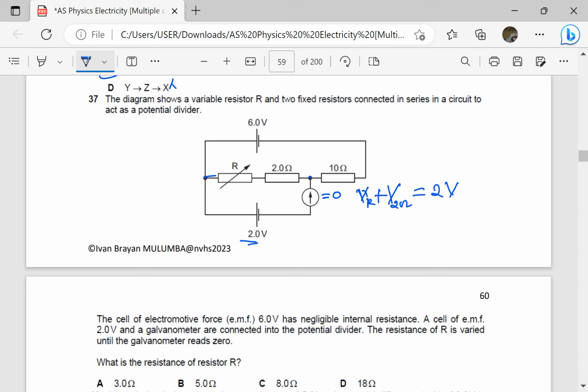So if the PD across this is 2 volts, the V across 10 ohms is therefore 6 minus 2, which gives us 4 volts.